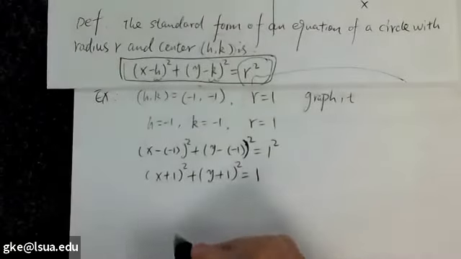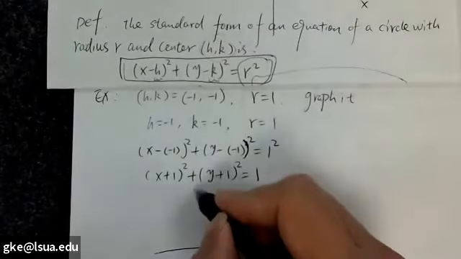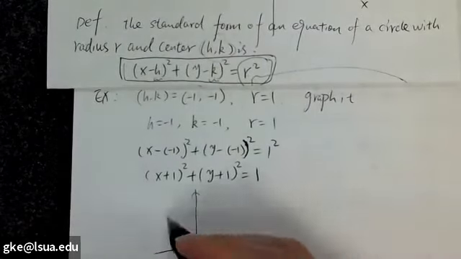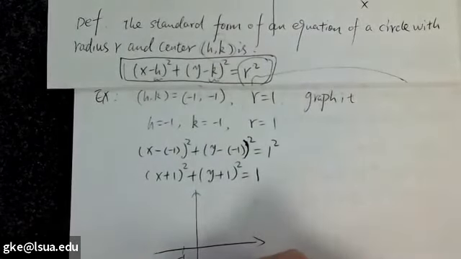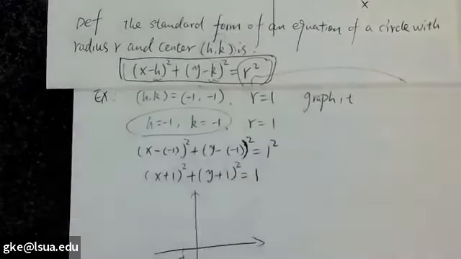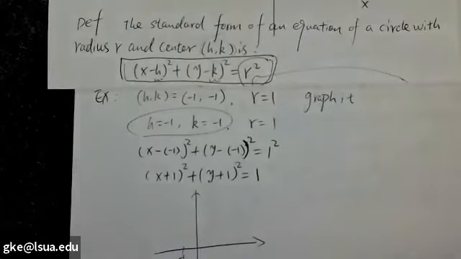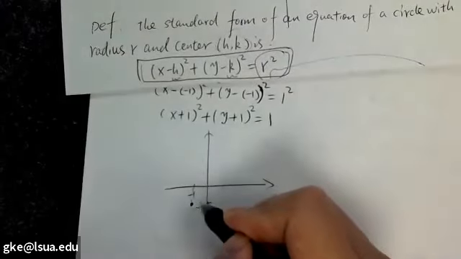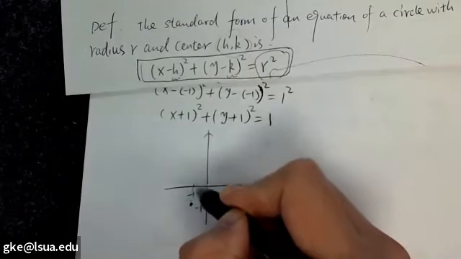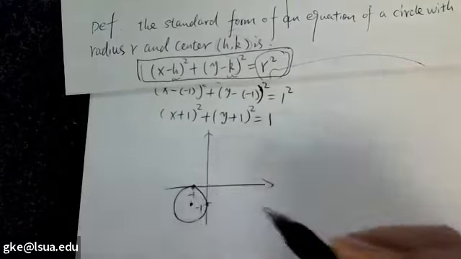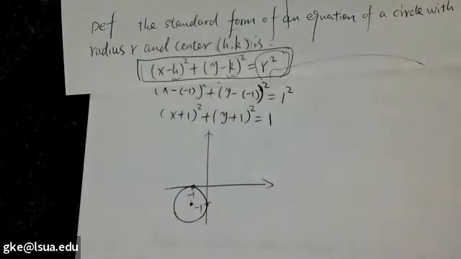Now we have the center is (-1, -1). And the radius is 1. From here to here is 1. From here to here is 1. Should be like that. Okay, that's the circle.